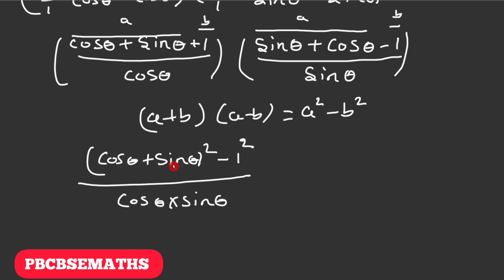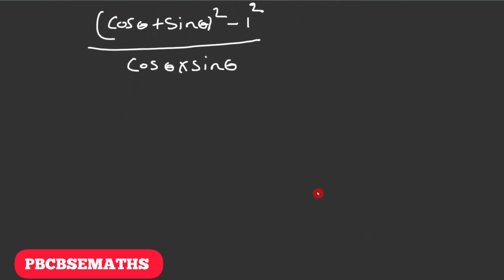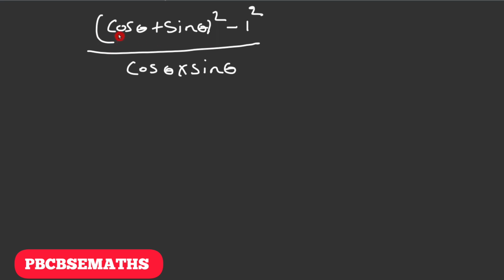Now the numerator part, (cos theta plus sin theta) whole square, is in the form of (a plus b) whole square, which is equal to a square plus b square plus 2ab.